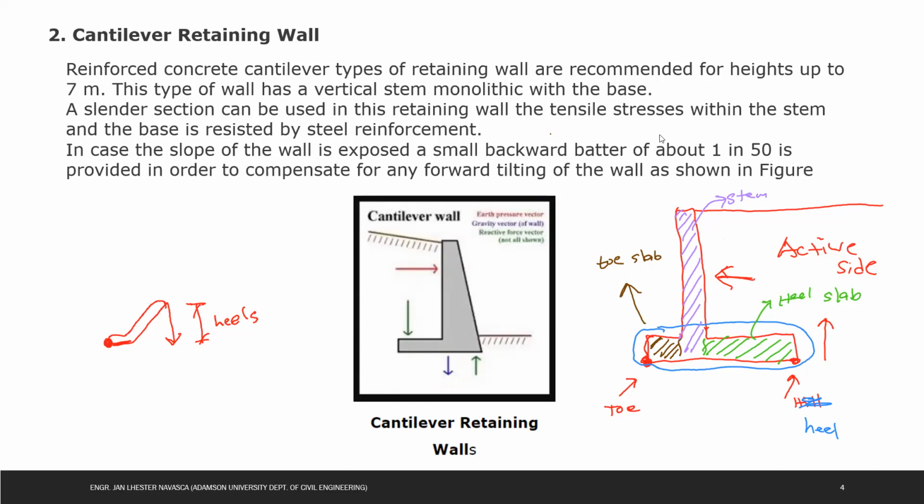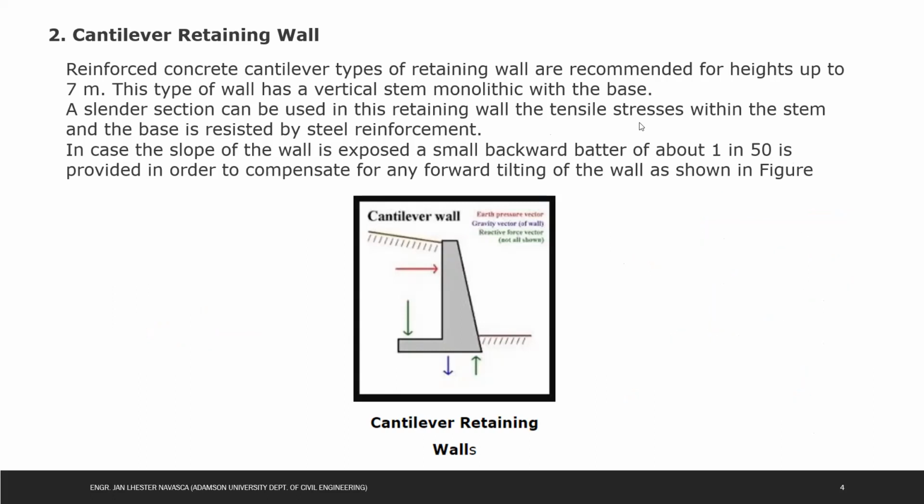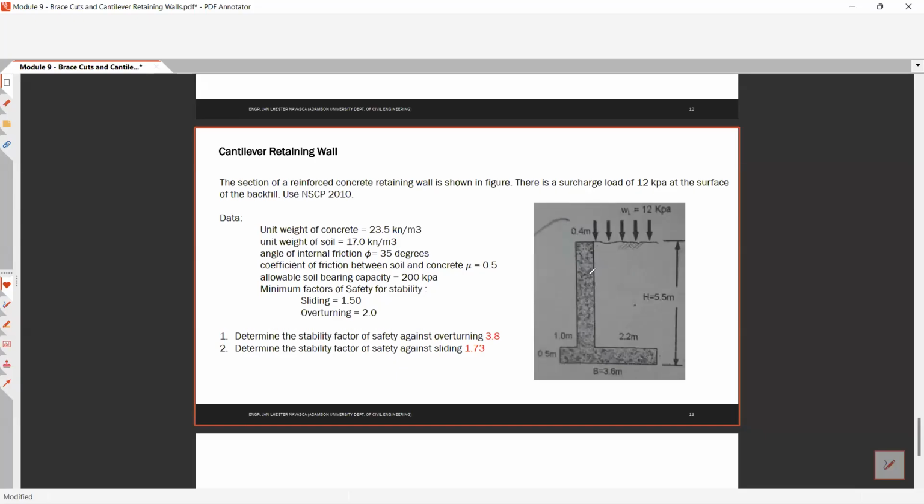Okay? So going back to our problem, let's solve this one. We have here a cantilever retaining wall. The section of reinforced concrete retaining wall is shown in the figure.